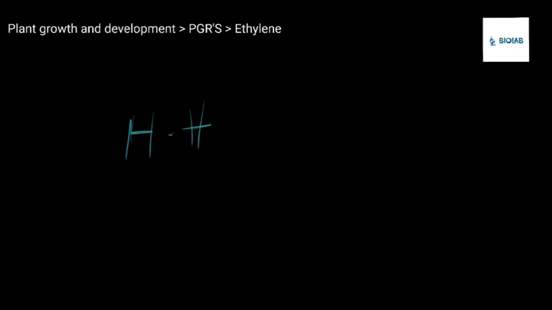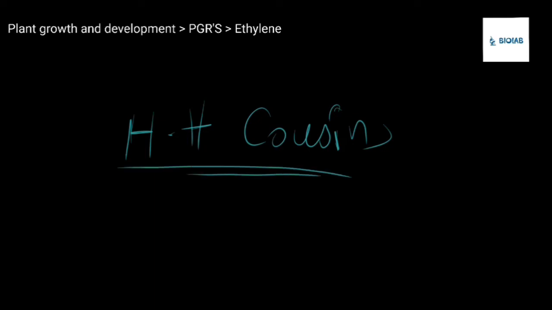Yes, ethylene was first discovered by H.H. Cousins, not your cousins and my cousins. His name is Cousins, H.H. Cousins, so remember this name. H.H. Cousins was the first person to discover ethylene, and he confirmed that it is a volatile substance released from ripened oranges.